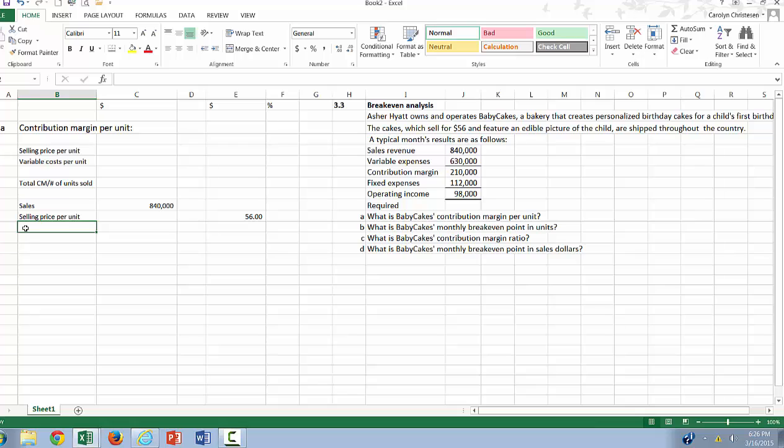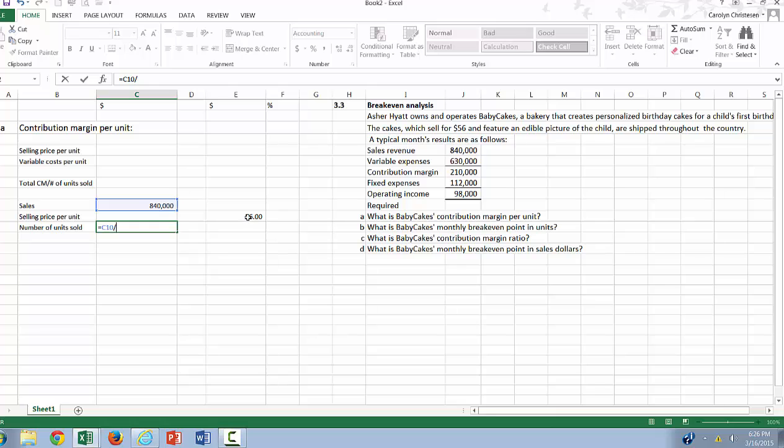Okay, so we know we're going to take these two and divide them to find out how many units we sold. So we get 15,000 units.